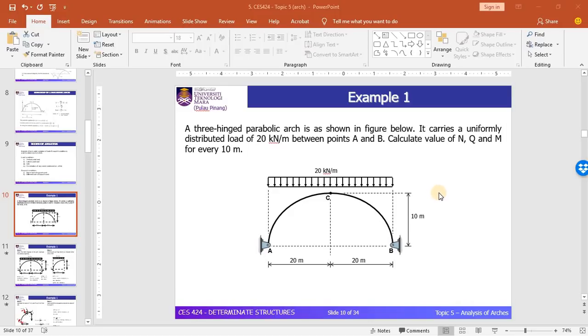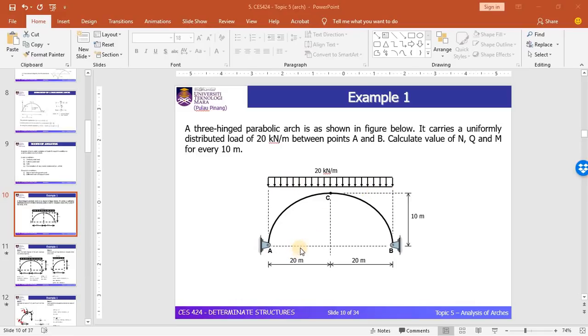So let's focus on this first example. What you can see here is the symmetrical arch with the same level of support. The similar level of support at A and B results in the symmetrical arch shape. And the UDL of 20 kilonewton per meter is applied along the arch span.